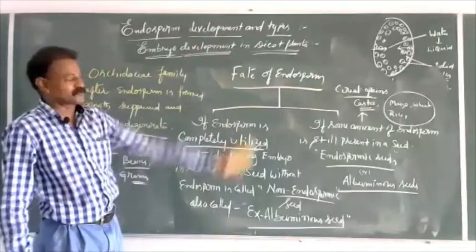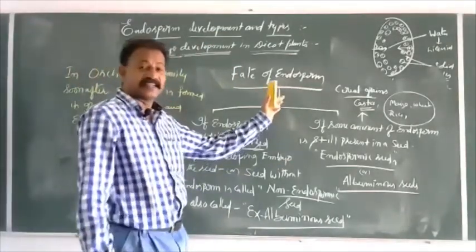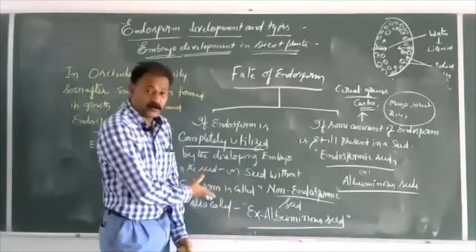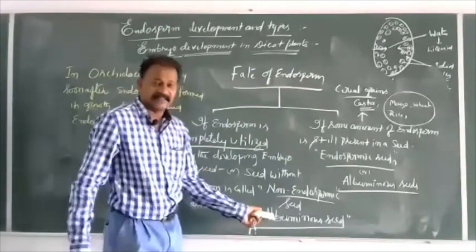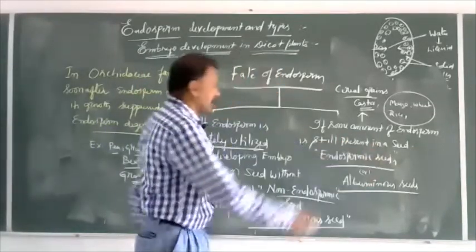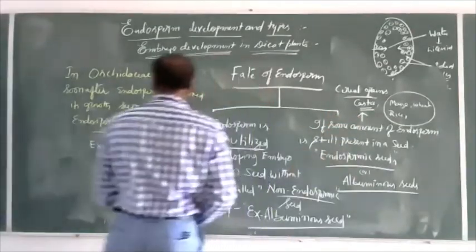You can identify so many memory based, example based questions in the NEET examinations. So, fate of endosperm: either the endosperm is completely utilized or endosperm may be present. We can call this persistent endosperm.